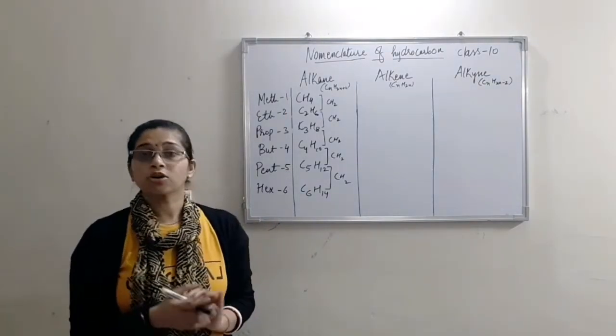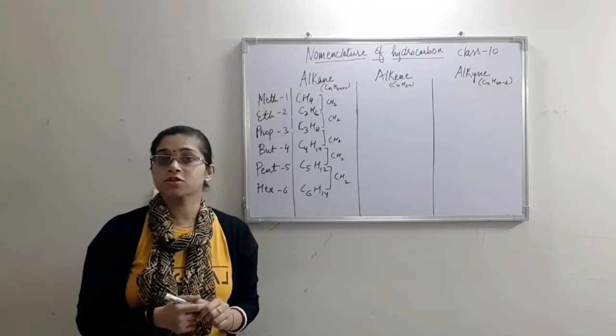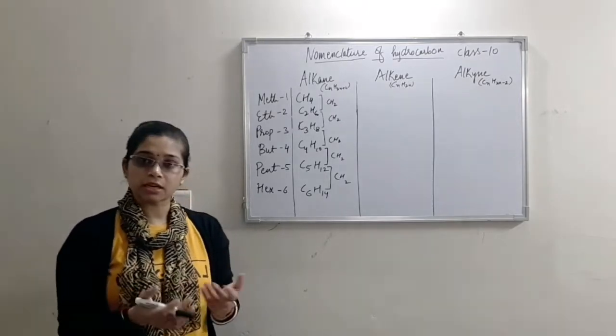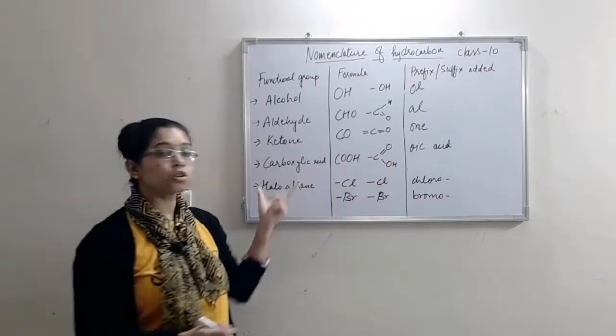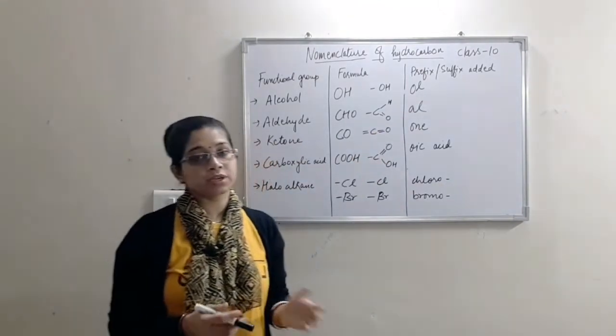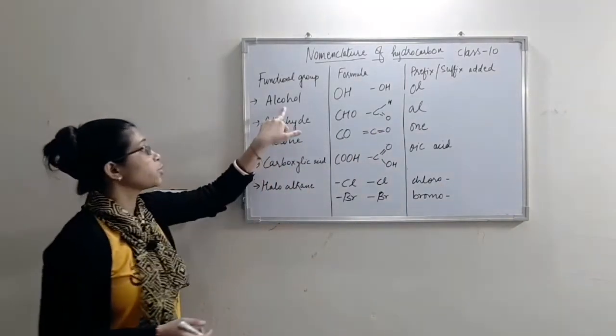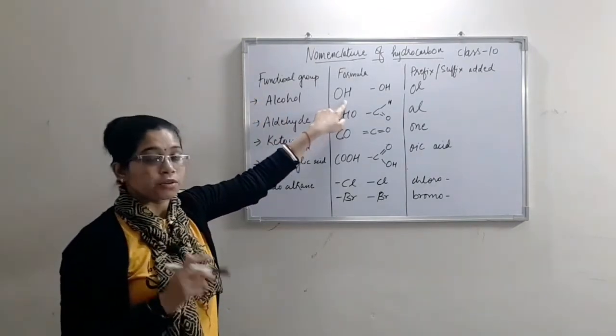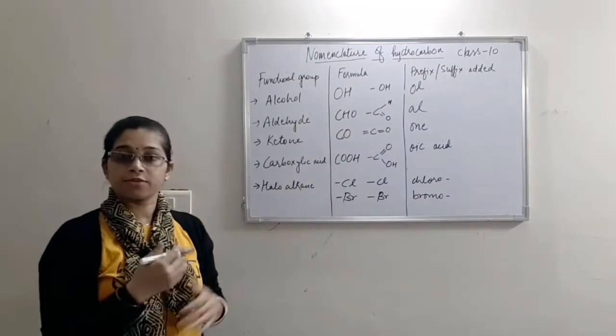Now we will see how we can name a compound on the basis of the functional group present at the back or at the beginning of any compound. This table shows the functional groups and their formula along with the prefix or suffix that we can add. When you add the alcohol group, that is the OH group, we just have to remove a hydrogen and put OH.